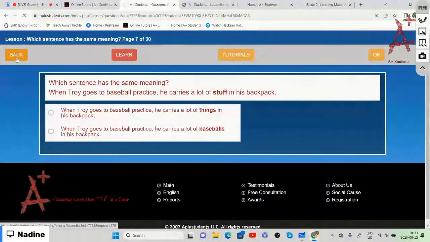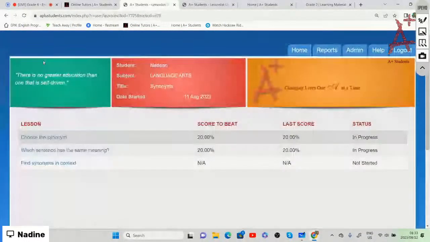So these are sentences that have the similar meaning. And synonyms are of course words that either have the same meaning or meanings that are almost the same.